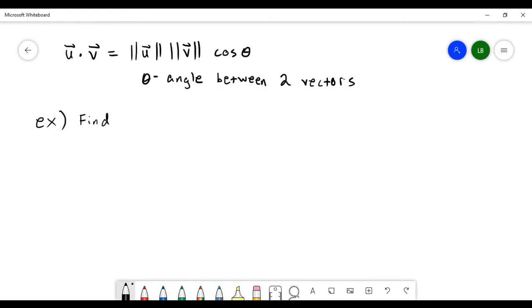Let's say we have two vectors and we want to find the angle between them. And I'm just going to use two-dimensional vectors because it's a bit simpler in this case.